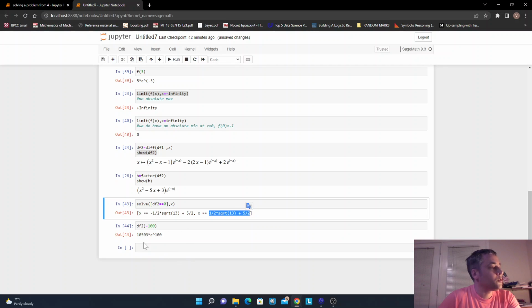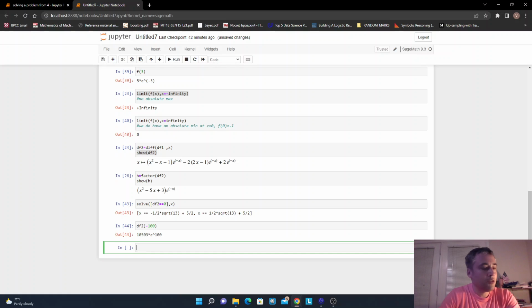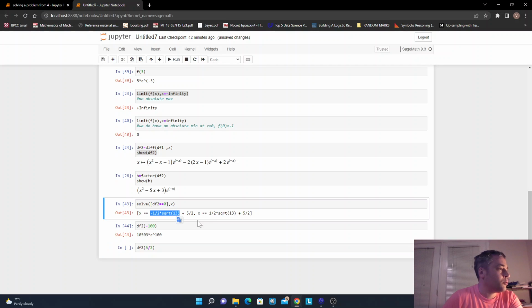So maybe pause the video and think of a nice value in between these two to plug in. I'm giving you this time to do that. And the value is 5 over 2. That is because we have 5 over 2 minus something for one x value and 5 over 2 plus the same thing in the other value.